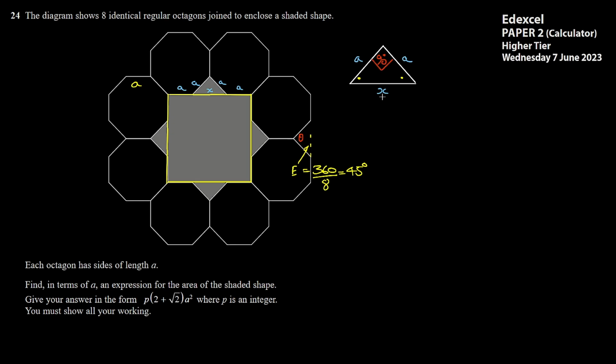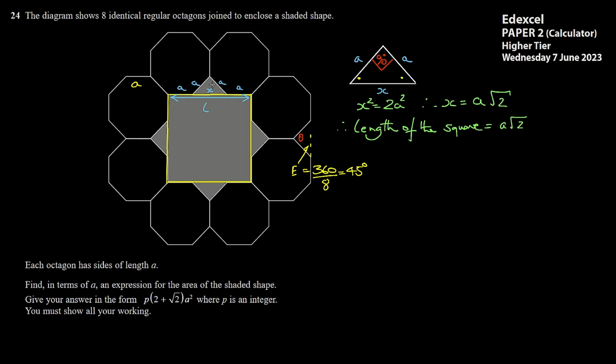So our A, A, X triangle is a right-angled triangle, and we can immediately apply Pythagoras. So I can say x squared is equal to 2a squared, and therefore x is equal to a root 2. So therefore the length of the square must be equal to our x, which is a root 2.